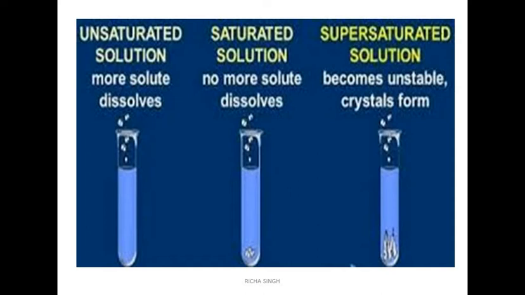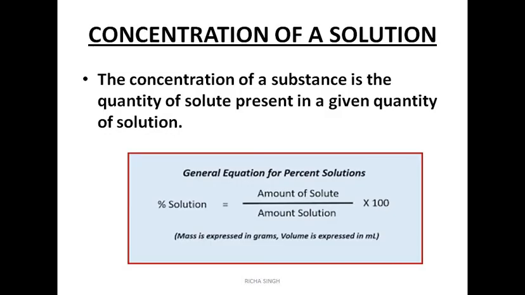A saturated solution is one which at a given temperature dissolves as much solute as it is capable of dissolving. Then the solution is saturated. A supersaturated solution is the one which contains more of the solute than required to make a saturated solution. In supersaturated solution, you can see the formation of crystals take place.